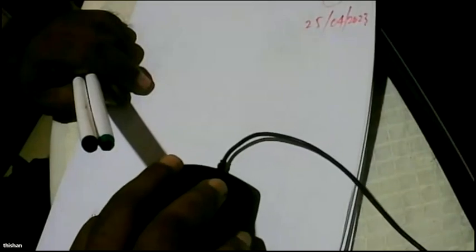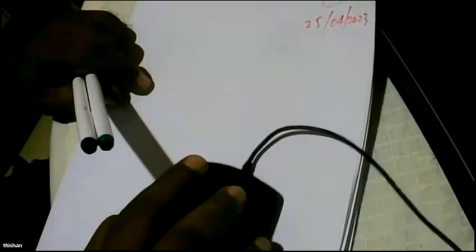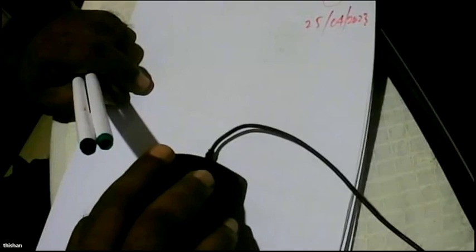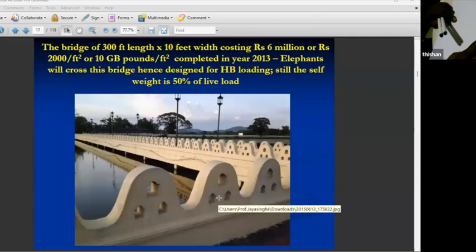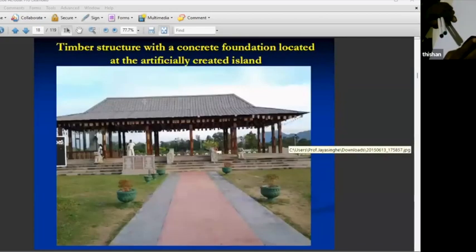And I will share the screen again. So here you can see this formed with a grillage. Another day I will show you how to use grillage analysis as well. And the reason is this Sima Malake, which is a very nice thing to go and see.